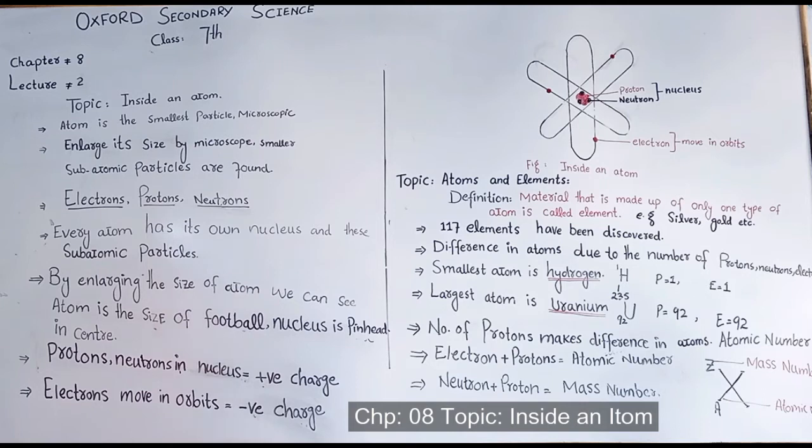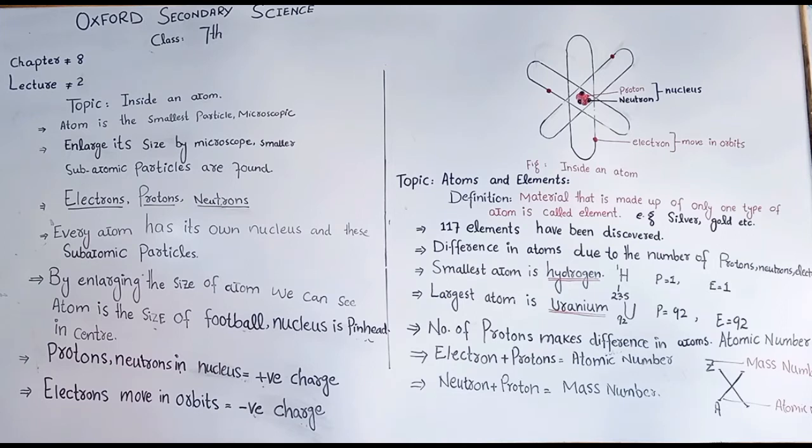In the previous lecture we discussed that the atom is the smallest particle. It means we can't see it with the eye. We need a microscope to see an atom, because it is a microscopic particle. But when we enlarge the size of an atom with the help of a microscope, we can see there are other subatomic particles present in the atom.